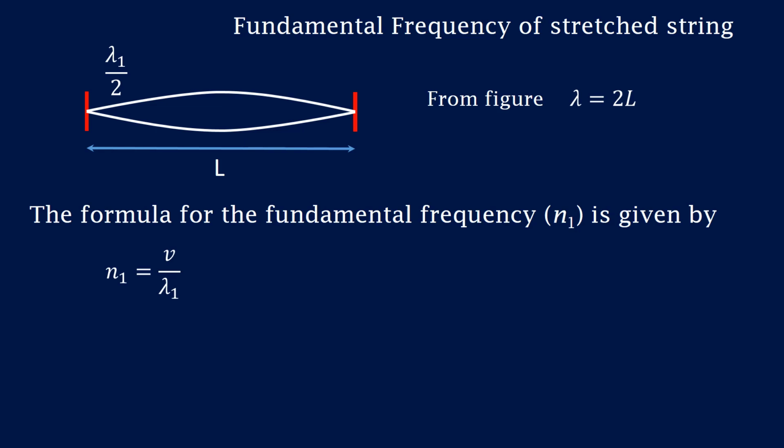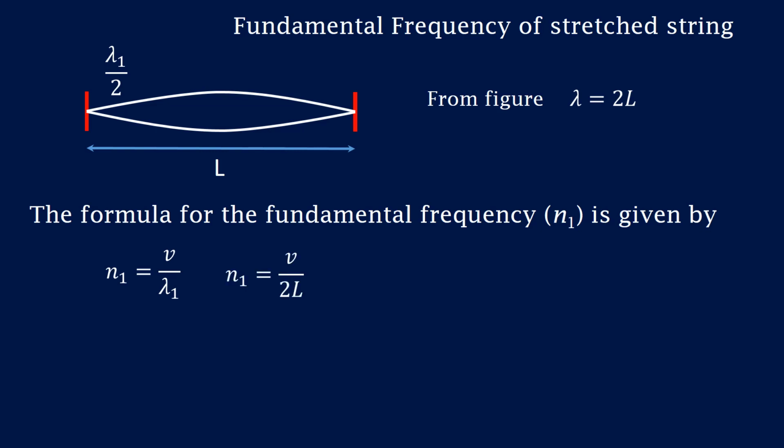This special condition, where the length of the wire is exactly half the wavelength, gives rise to the lowest frequency known as the fundamental frequency. The formula for the fundamental frequency N1 is given by N1 is equal to V upon λ1.